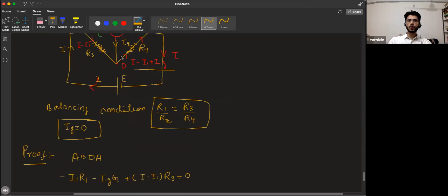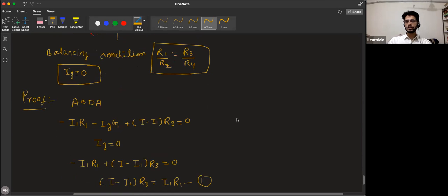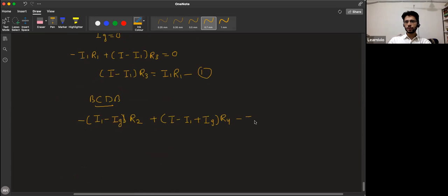Then when you go from D to B, it's minus Ig G, which is equal to 0. Next, if your bridge is balanced, then you can put Ig equal to 0. You get minus I1 R2 plus I minus I1 into R4 is equal to 0.